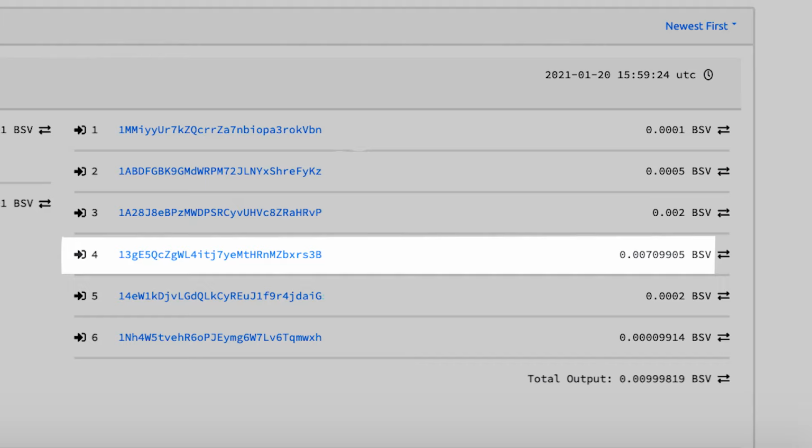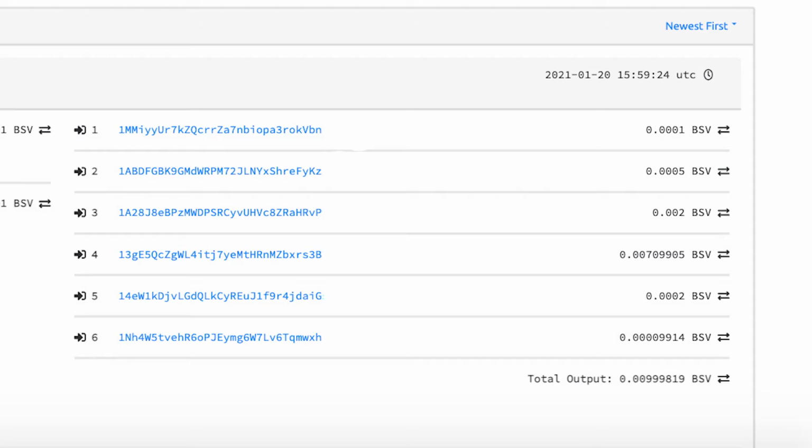And so that is your £1 that's being sent to your CentP wallet. The rest of these coins are change that goes back into your Handcash wallet for it to select from the next time you want to send money.